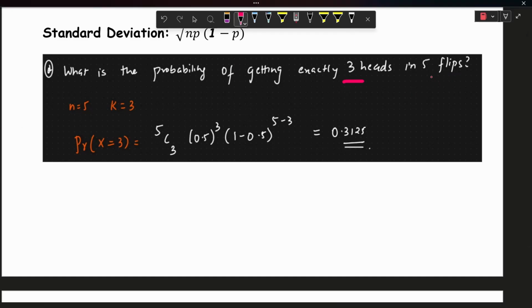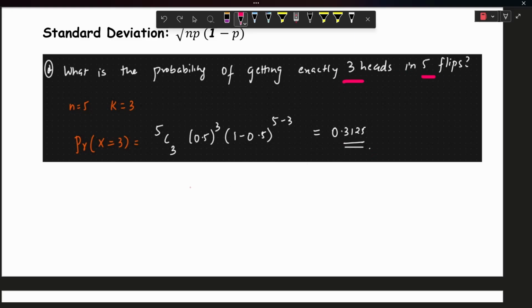Here the number of trials is 5 flips, and we want exactly 3 successes, so k equal to 3. nCk, n is 5, k is 3, into p, the probability of getting a head is 0.5, so 0.5 into (1 minus p), p is 0.5, power n minus k, that is 5 minus 3. This we get as 0.31, that is a 31% chance of getting exactly 3 heads in 5 flips.